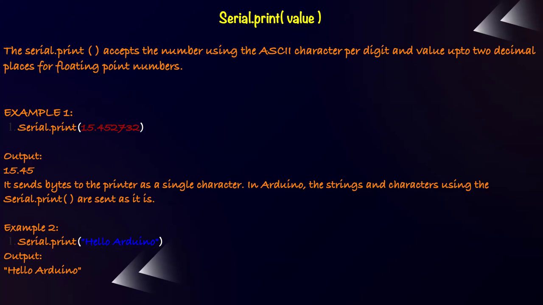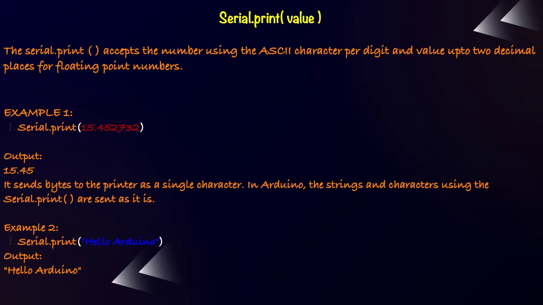In Arduino, the strings and characters using the serial.print are sent as it is. Okay. See this example. Serial.print hello Arduino. Output is hello Arduino. So what is the difference between these two? See, try to understand it very clearly. These are the concepts that we need for actual project building.